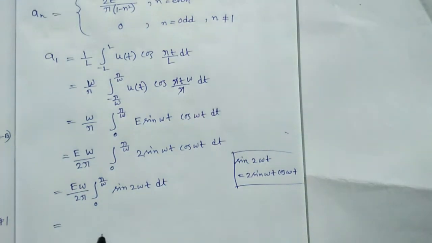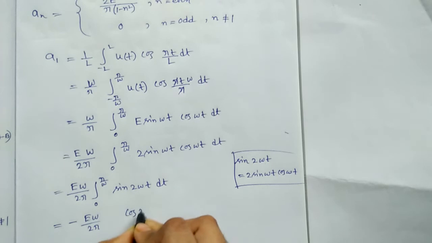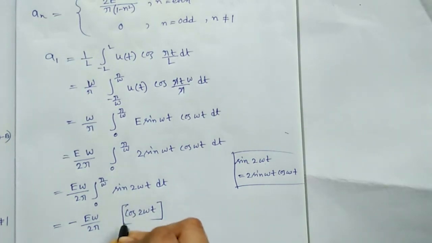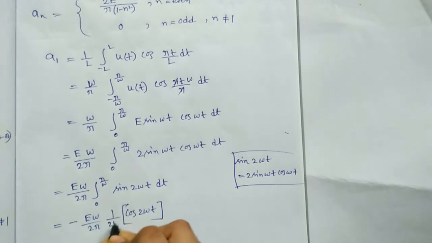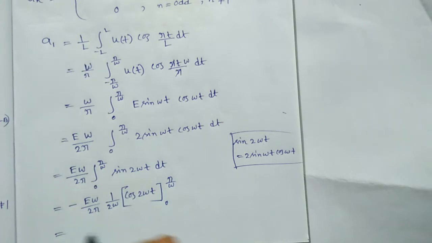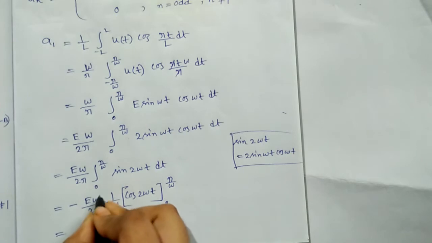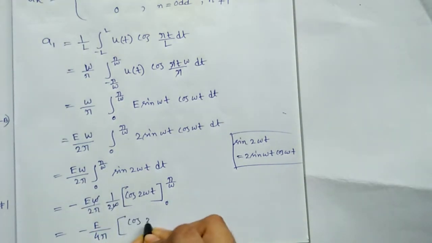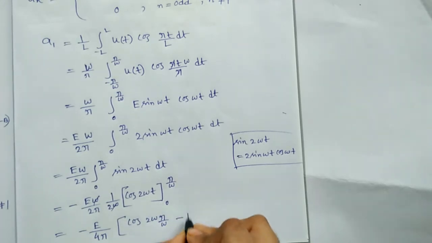This is equal to minus e omega by 2 pi, cos 2 omega t by 2 omega, from 0 to pi by omega. This is equal to minus e by 4 pi, omega cancels out, and this is cos 2 omega pi by omega minus cos 0, which is 1.